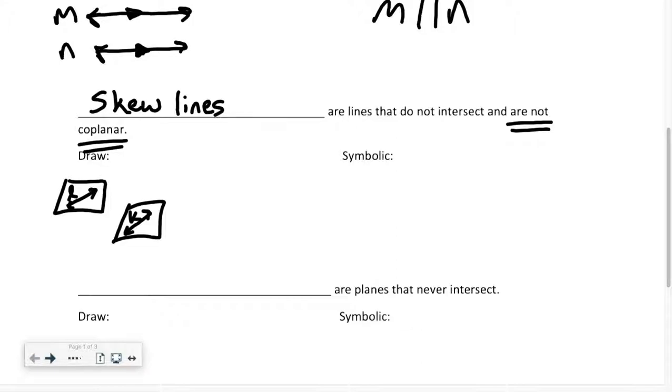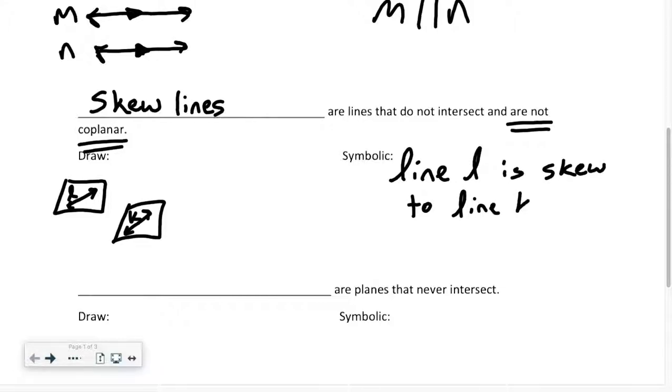All right, so there's no real symbols for skew. We just say that line L is skew to line K, or vice versa.